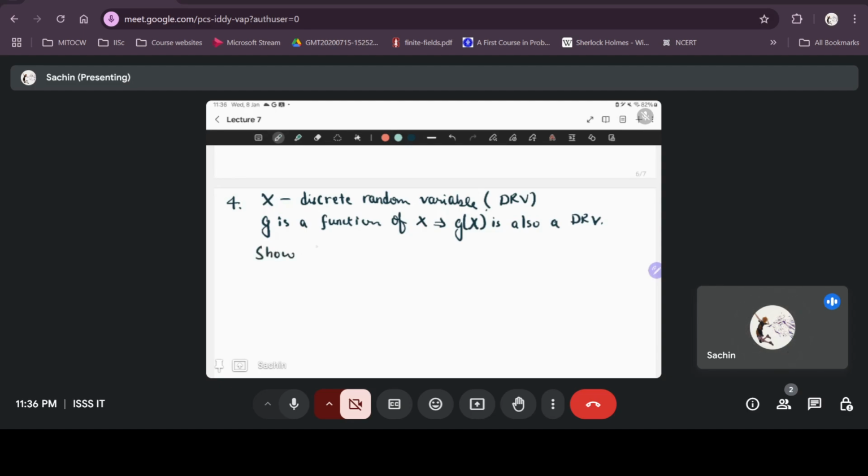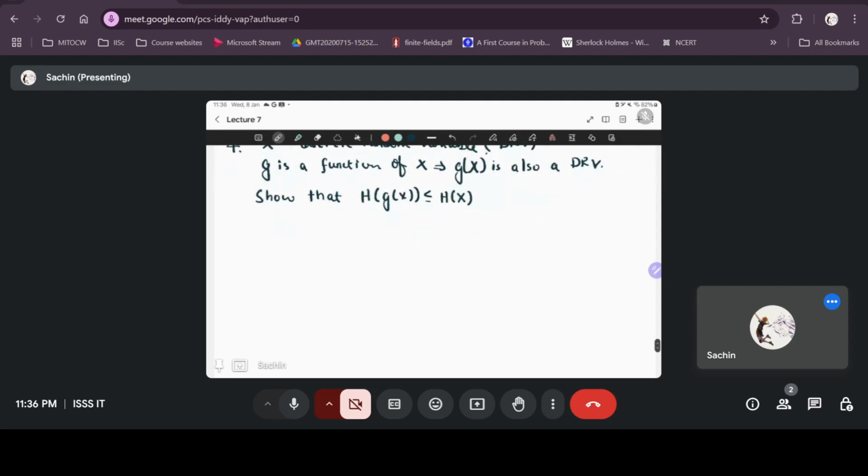Show that h of g of x is less than or equal to h of x by justifying the following steps. So they actually give you the steps, you have to justify those steps.